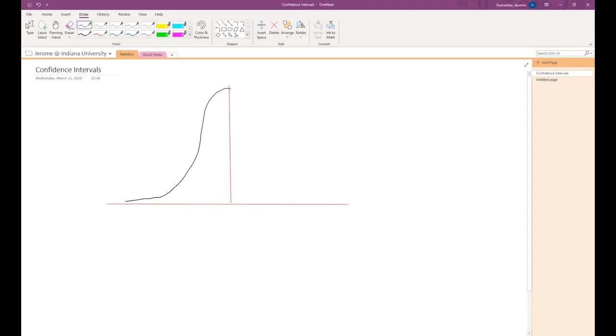so here we have our bell-shaped curve. Then we have the mean here, which we call mu. Then we said that the entire area under this curve is equal to 1. Okay.